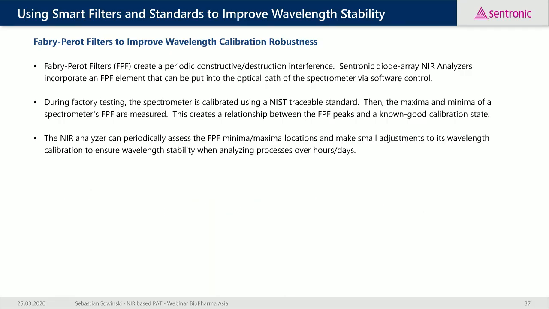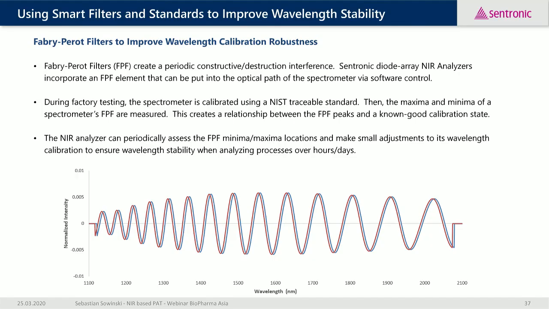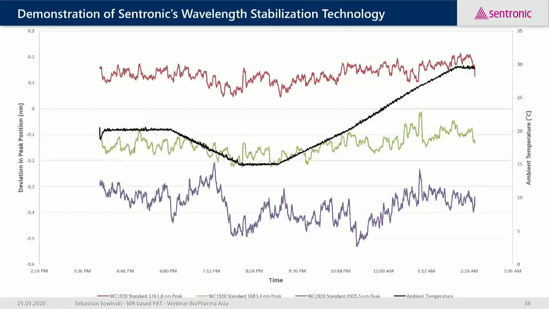And during use of the system, this internal filter is measured again based on an interval which is configured, and any shifts which may occur due to a shift of the optical module or due to fast changes of ambient temperatures can be corrected based on this internal filter.